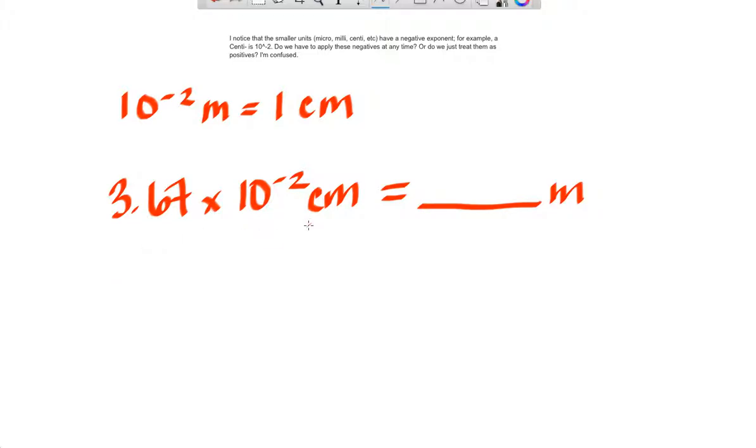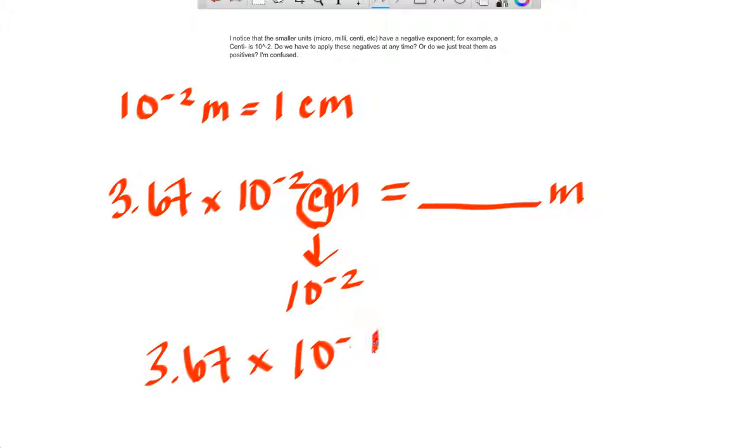There's one way you can do that using this negative exponent, and that's just to replace this centi here with another negative 2. So centi, we said, means negative 2. So your answer would be 3.67 times, and we add those exponents together, 10 to the negative 4 meters. Now, that's very straightforward.